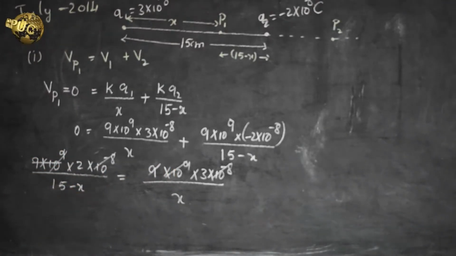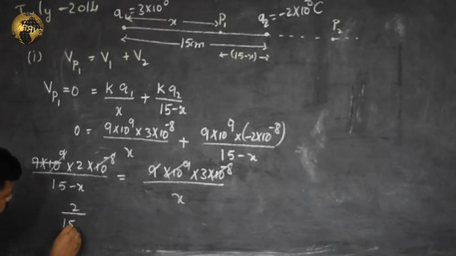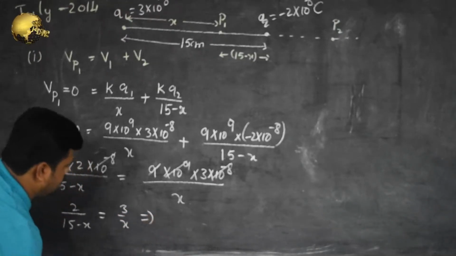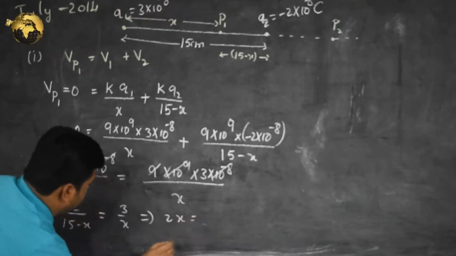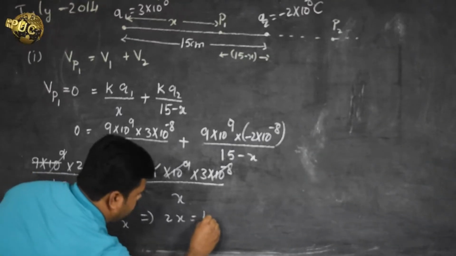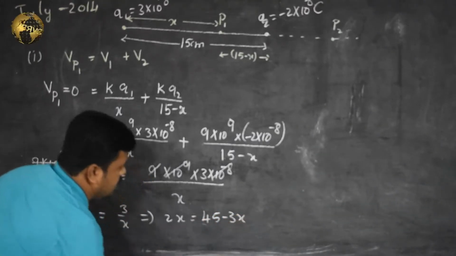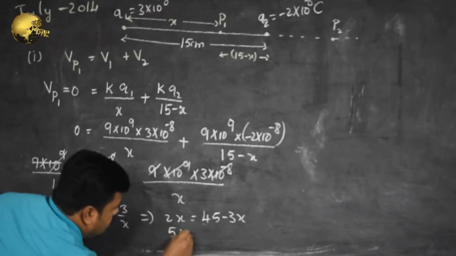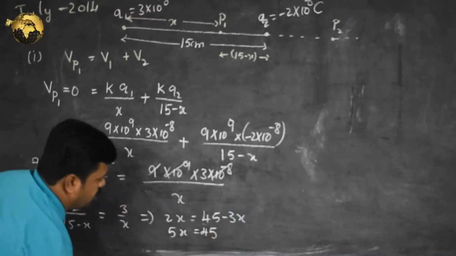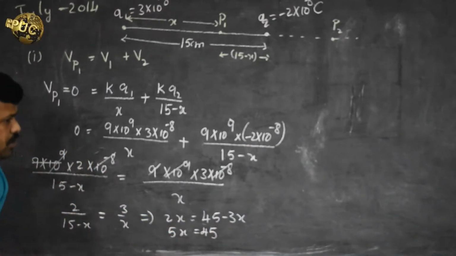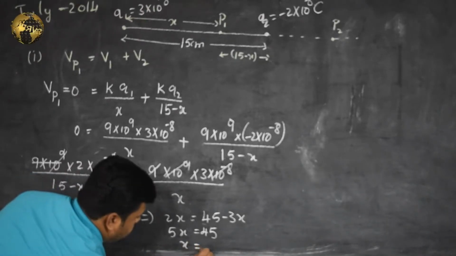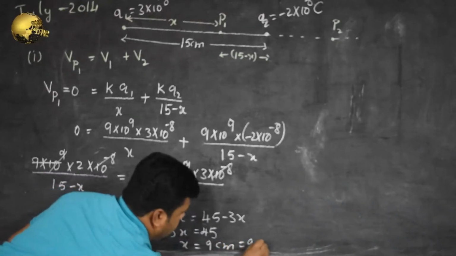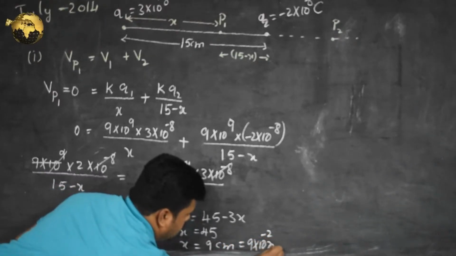I'm left with 2 by 15 minus x equals 3 by x. On cross multiplication, 2x is equal to 15 into 3, 45 minus 3x. I send this negative value minus 3x to this side, it becomes 5x equals 45. x is equal to 45 by 5, that is 9 centimeters. You can convert it to 9 into 10 to the power minus 2 meters.